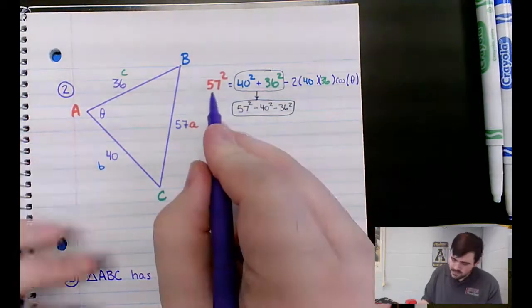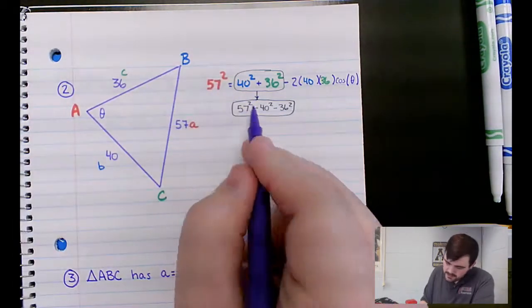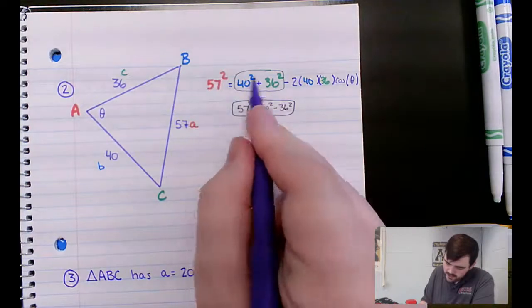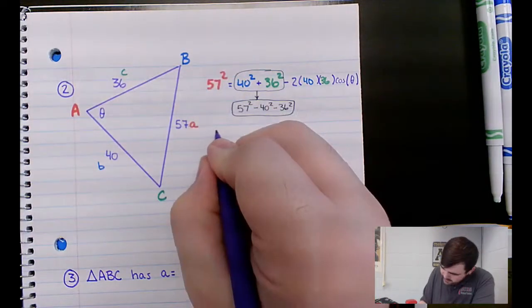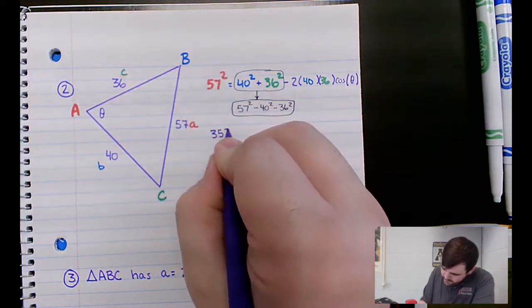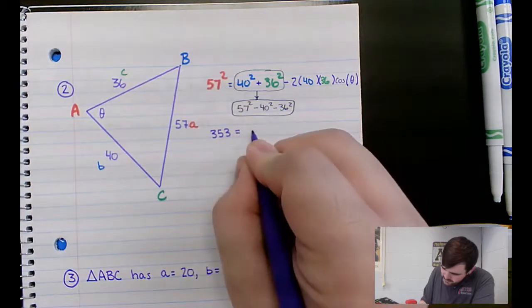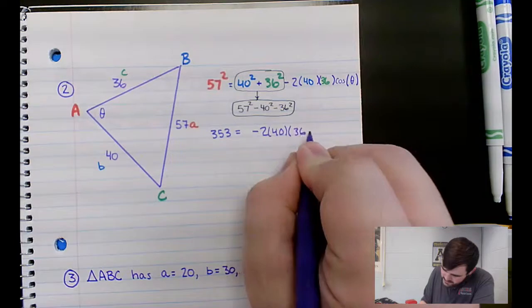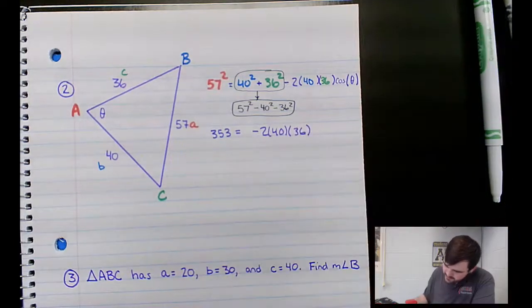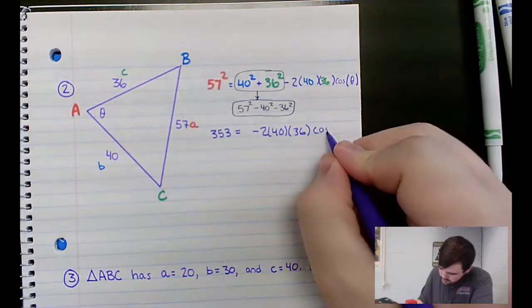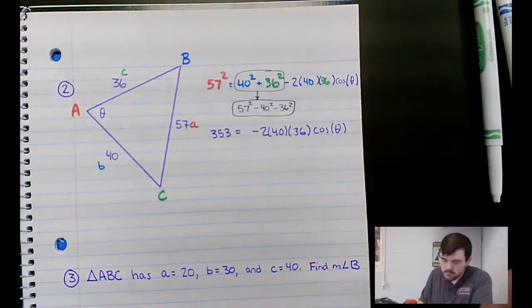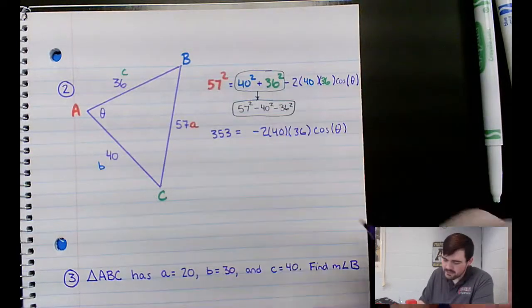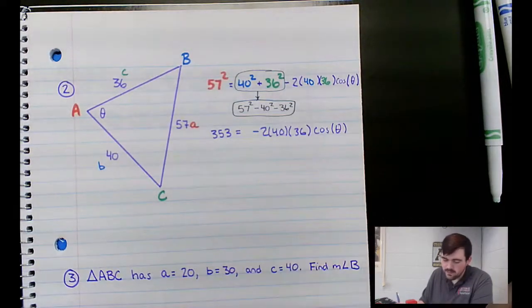So 57 squared minus 40 squared minus 36 squared, that all cancels out. I get left with 353 equals negative 2 times 40 times 36 times the cosine of theta. So all of this canceled out by subtracting them from 57 squared.